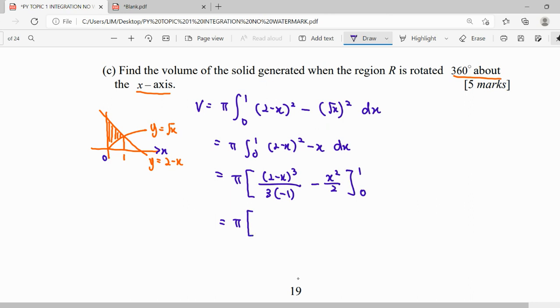Just write it clearly, 2 minus 1, substitute the upper limit over the lower limit. You don't need to calculate anything, just write it clearly. This is the upper limit minus the lower limit. Then you can press your calculator.